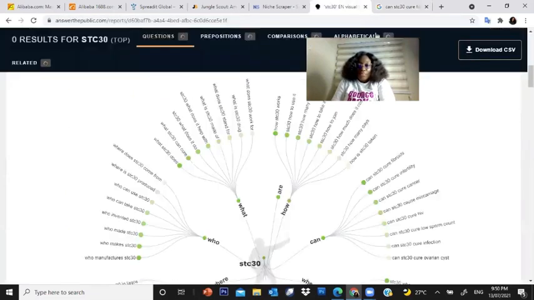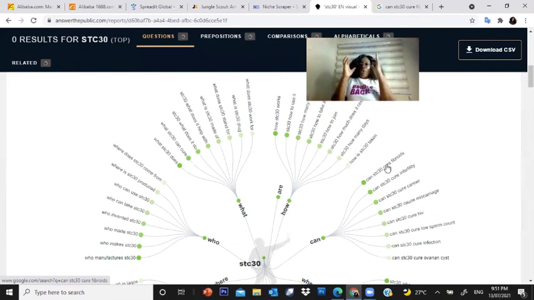Then you decide to write a book. You do research about this question and choose to write a book, how STC30 can cure fibroid. Now, it sets you apart. You're different from other STC30 sellers because you have gone the extra length to solve a problem by writing a book that answers the question of the public.